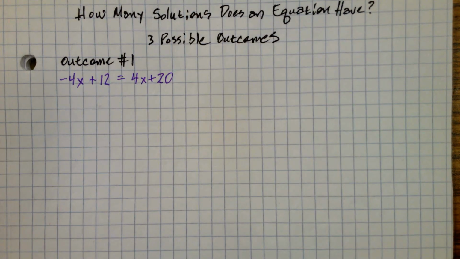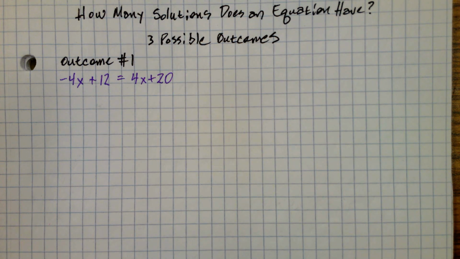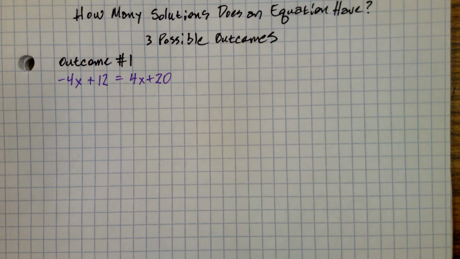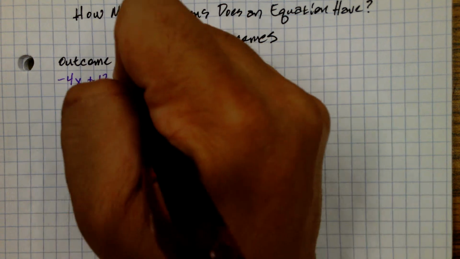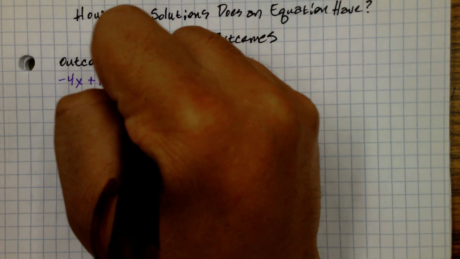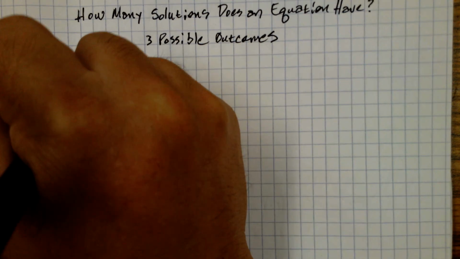Okay, so let's solve it. And it's going to be quick because there's not much to this equation. We don't have to distribute. We don't have things to combine on either side. We just have to get rid of one of the variables. So I'm going to say negative 4x here and here.